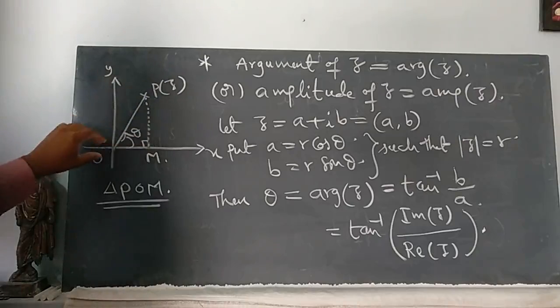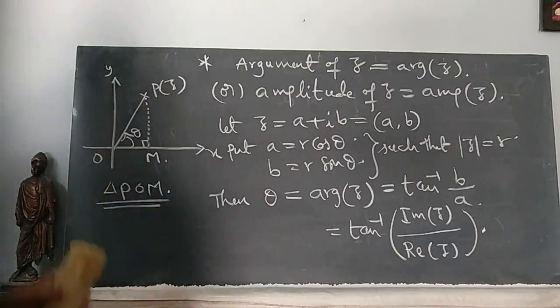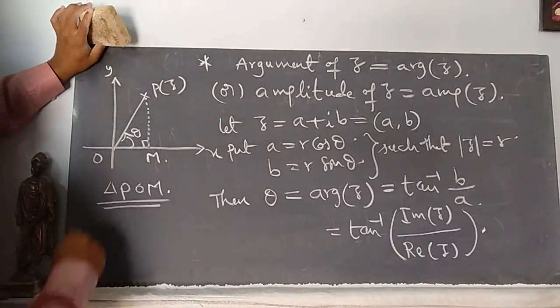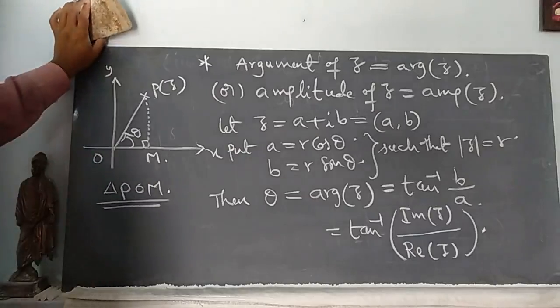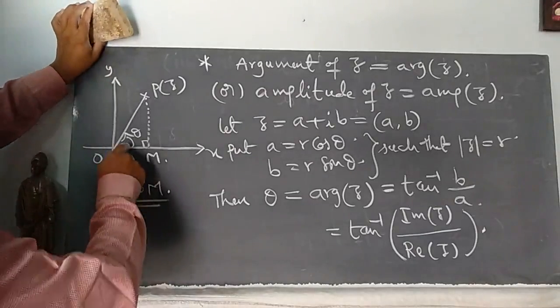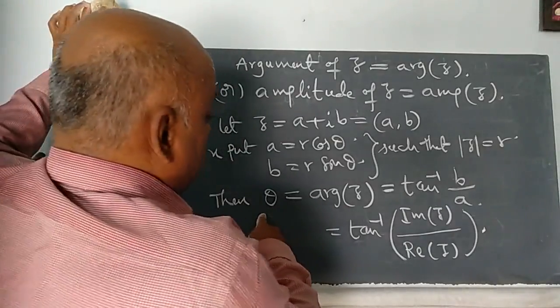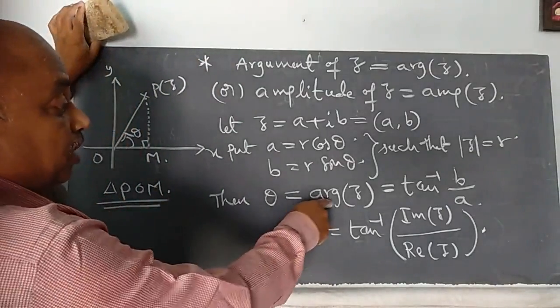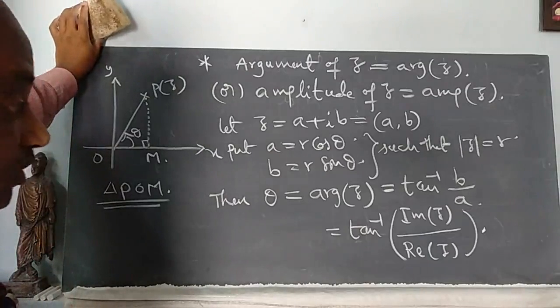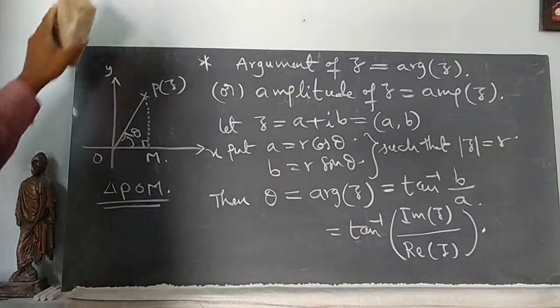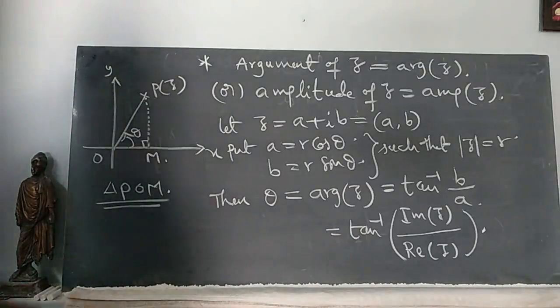PM is perpendicular to the x-axis, angle at M is a right angle, so triangle POM is a right angle triangle. Here the value of theta is called the argument of z or amplitude of z, which is equal to tan inverse b by a.